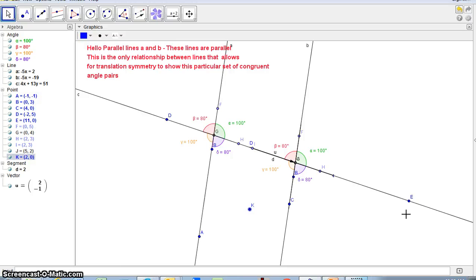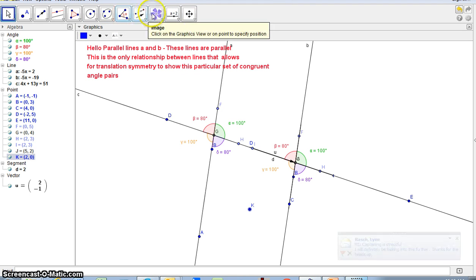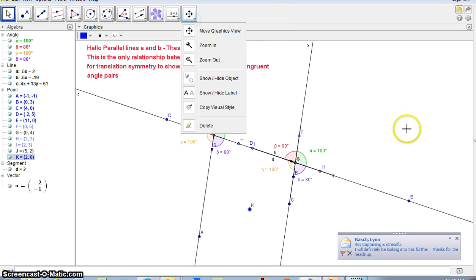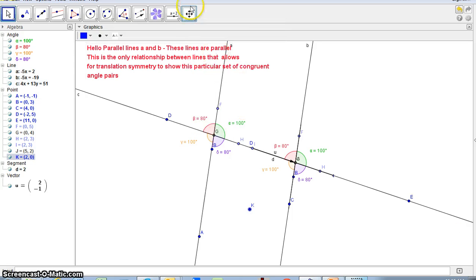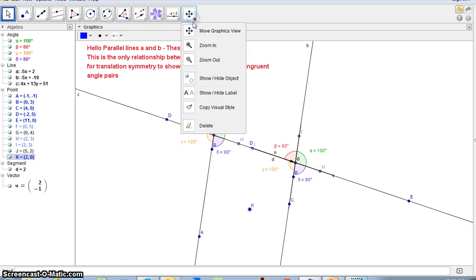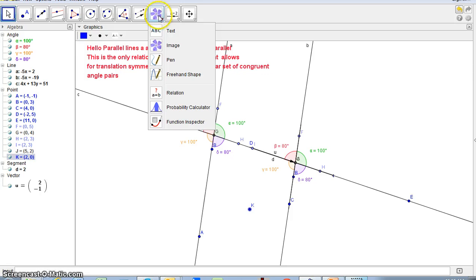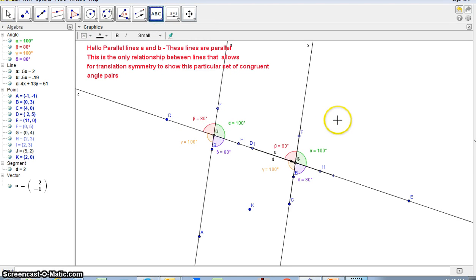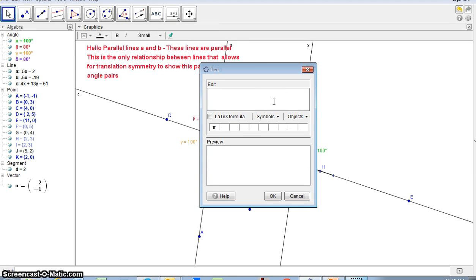So now we have to figure out how to name this relationship, and this green angle corresponds with this green angle. So we're going to call this relationship, wait for it, where's my text box tool? This relationship is called corresponding.